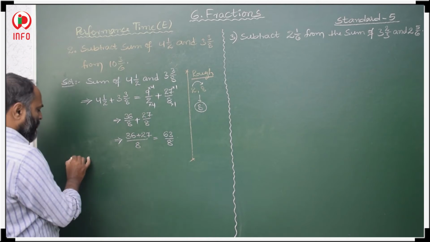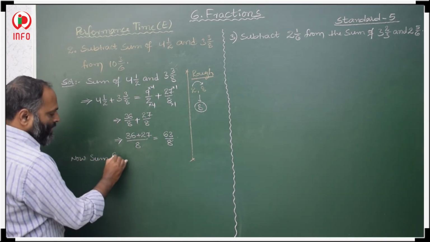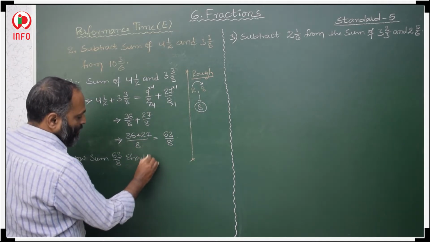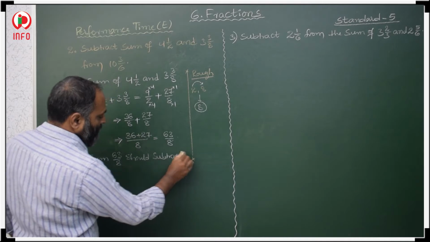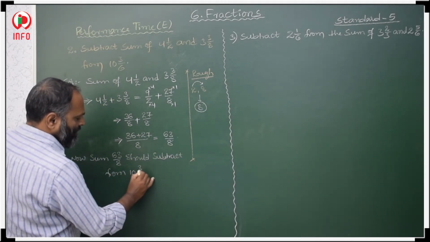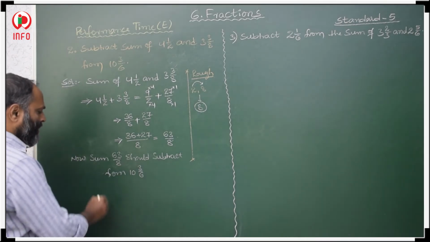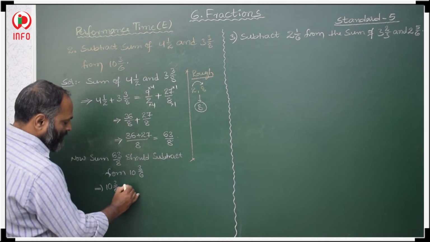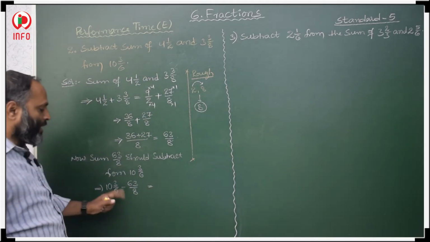Now, the sum 63/8 should be subtracted from 10 3/6. From 10 3/6 we have to subtract 63/8. Subtract means minus.